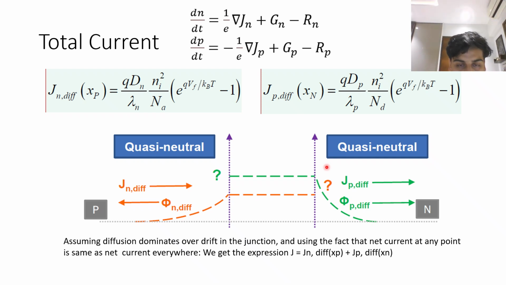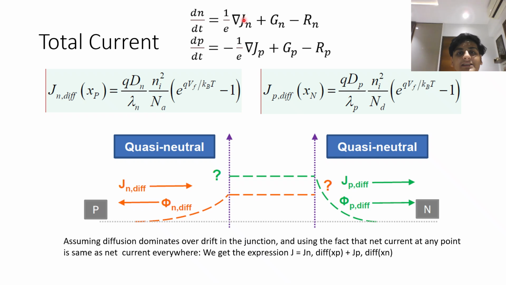Cool. So I'll just break this problem down a bit. The first remark that I want to make is that the total current is constant throughout the device. This is something that you can see from the continuity equation, which is that you don't have generation, recombination, or all of this happening on net in the device. You might be having it in some parts of the device, but on net you don't have any generation, you don't have any recombination, and you don't have any change of dn by dt.